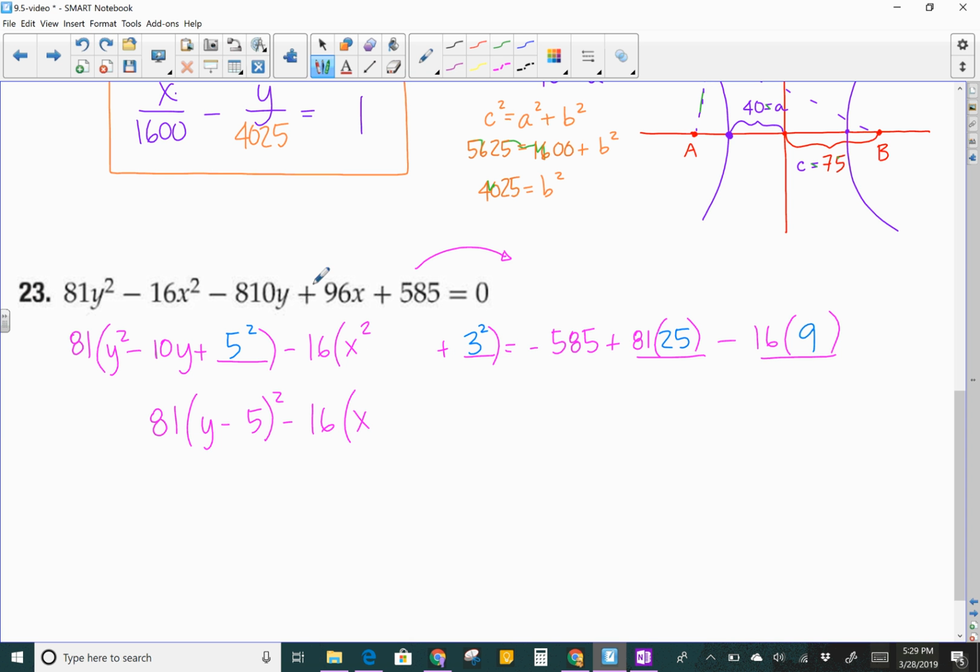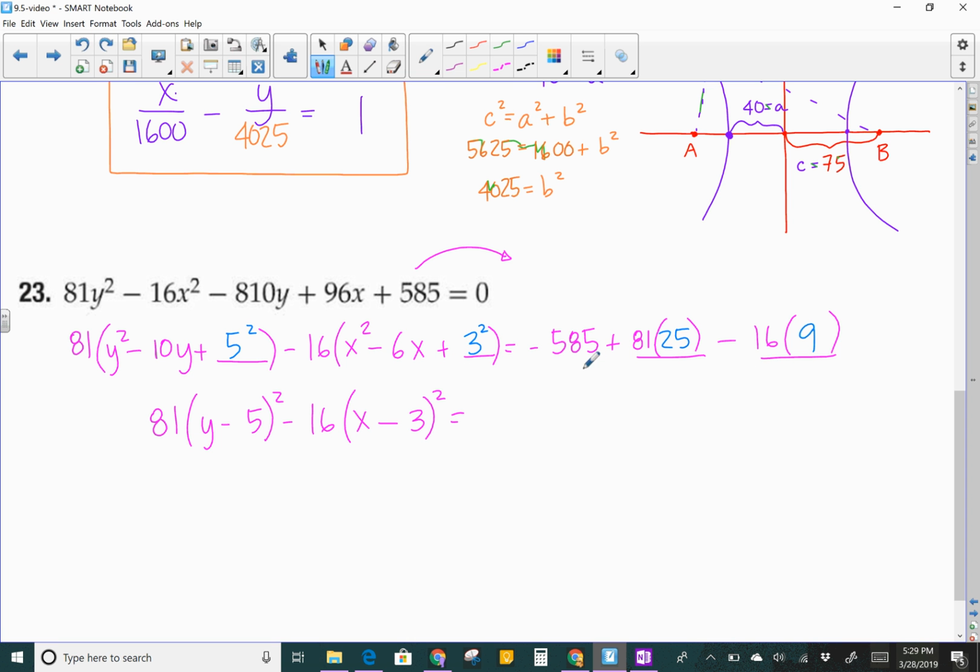Sorry if you're yelling at me, I didn't pay attention there. 96, you take out a negative 16, this becomes minus 6x. So this would be minus 3. It doesn't change any of these because I added a positive number. Okay? So it is going to be 81 times y minus 5 squared minus 16 times x minus 3 squared.